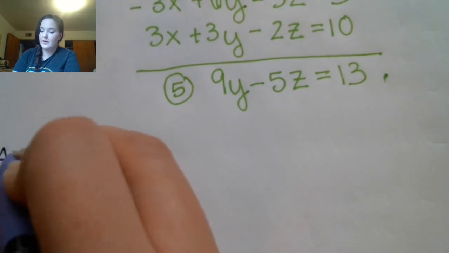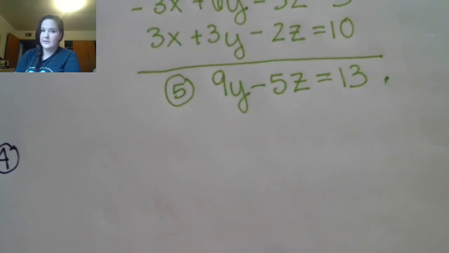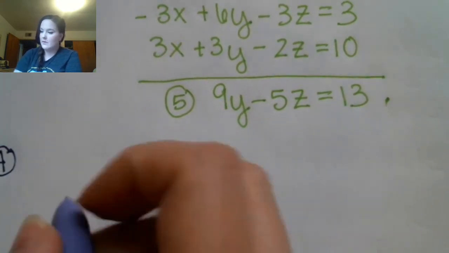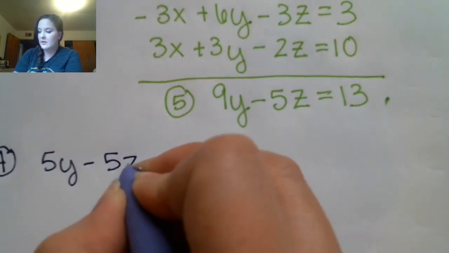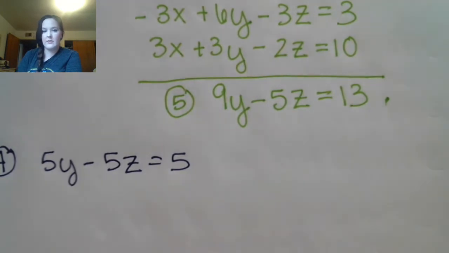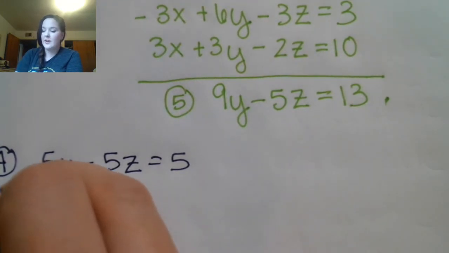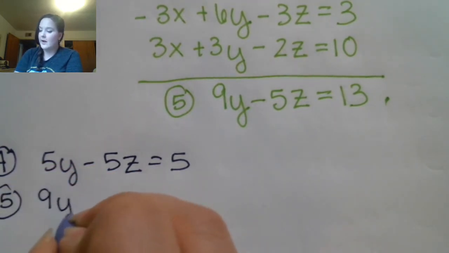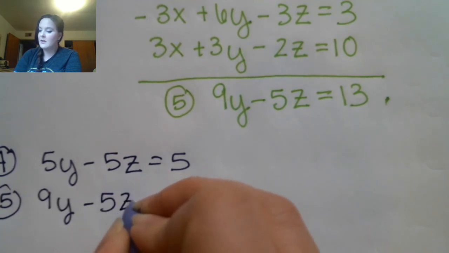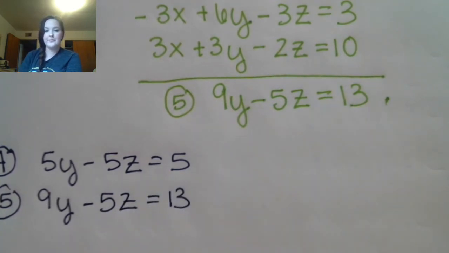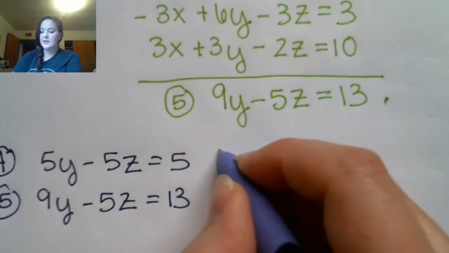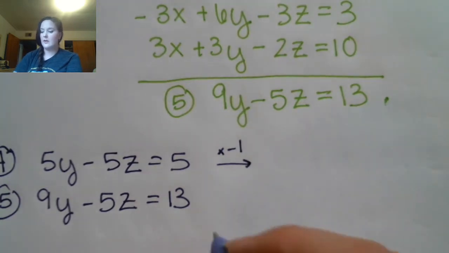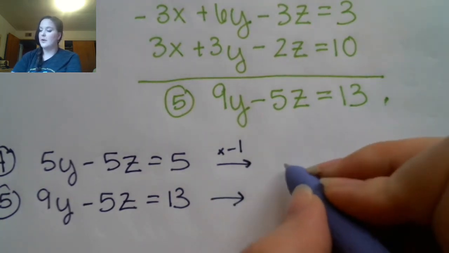Equation 4 was 5y minus 5z equals 5, and equation 5 was 9y minus 5z equals 13. You can see this is going to be pretty easy for combinations. So I'm just going to multiply the top one by -1, and I'm just going to copy the second one.